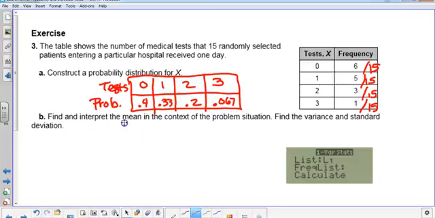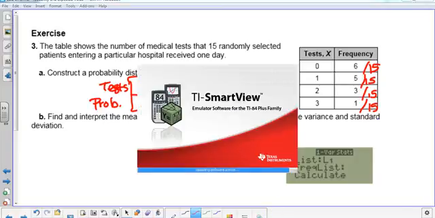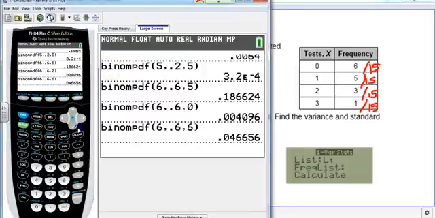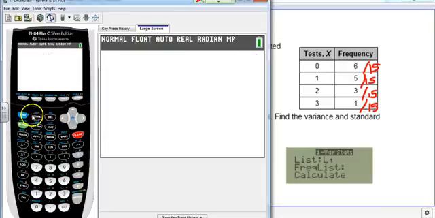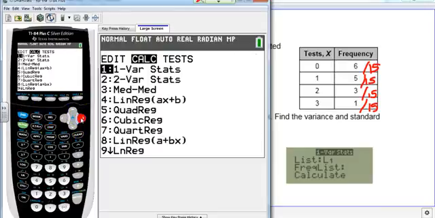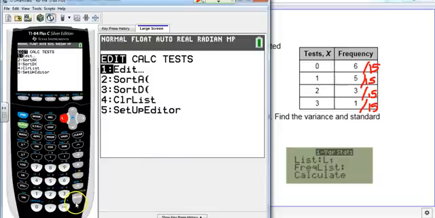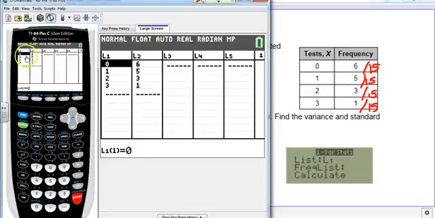Now we're supposed to find and interpret the mean and state the variance and standard deviation. I'm going to go to my colorful calculator this time, just because you can see it a little better. So stat, arrow to the right. Nope, don't arrow to the right till you put the numbers in. Stat, enter. I did 0, 1, 2, 3, 6, 5, 3, 1. You can also enter the probability in as list 2.